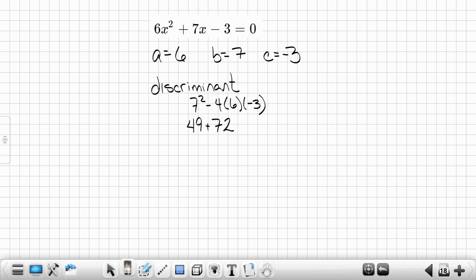What's 49 plus 72? 112? That doesn't make sense. It needs to be an odd. 121. Okay. Because 72 plus 50 is 122. Take 1 off, 121. Okay. So 121, you guys already know, is that less than 0, greater than 0, or equal to 0? Greater than 0, so we've got 2 real solutions.